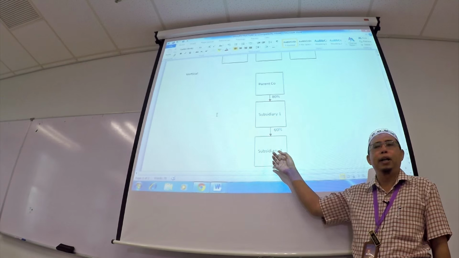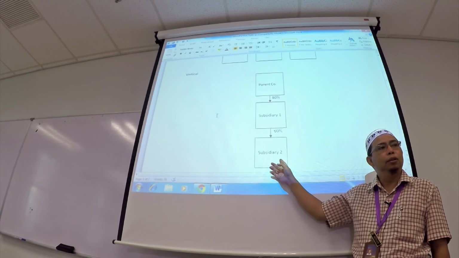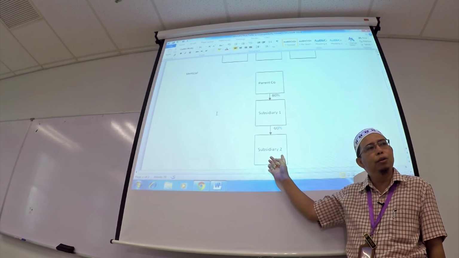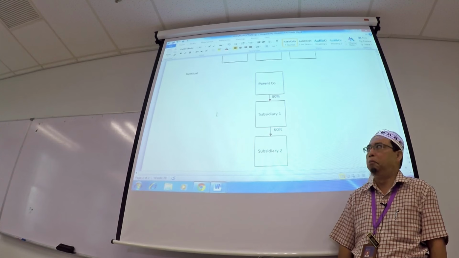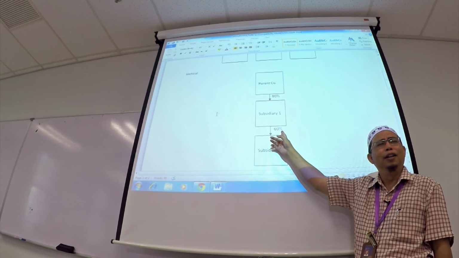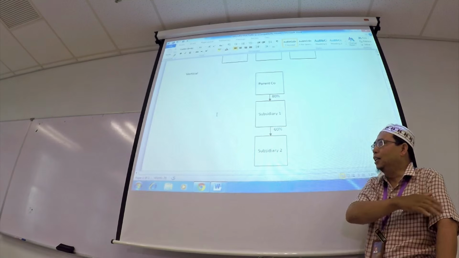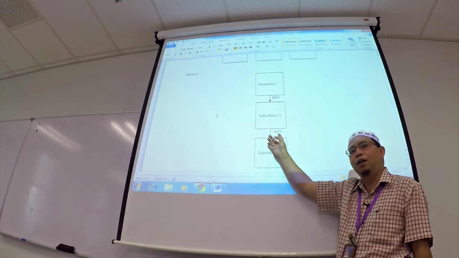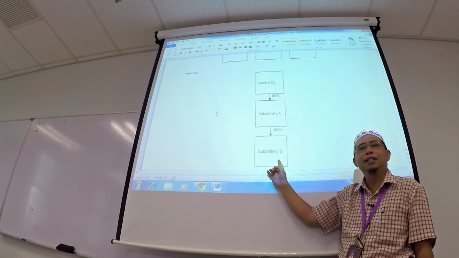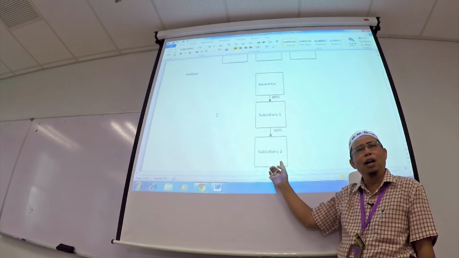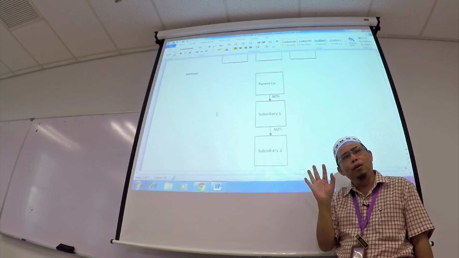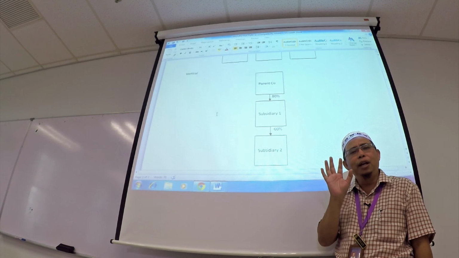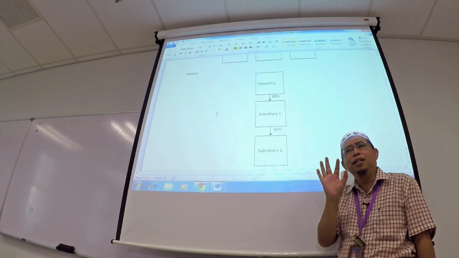Now, what is the parent's control over subsidiary 2? Is it 60? No, it's not 60. This is subsidiary 1 controlling, or purchasing, 60% of shares in subsidiary 2. So when you prepare the consolidated account, you need to prepare it in relation to the parent.